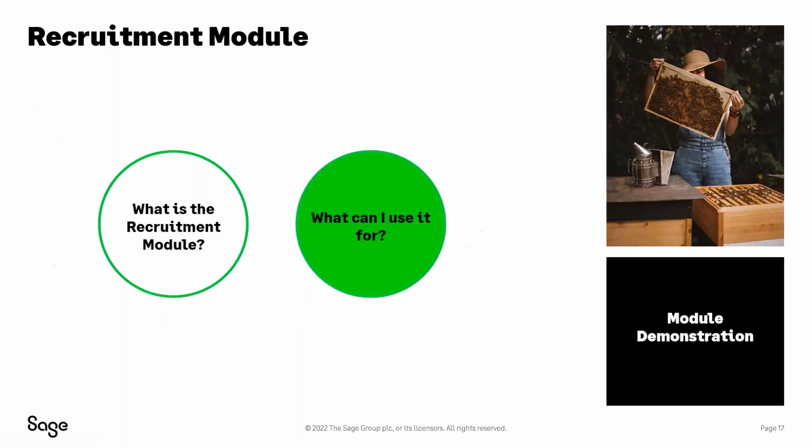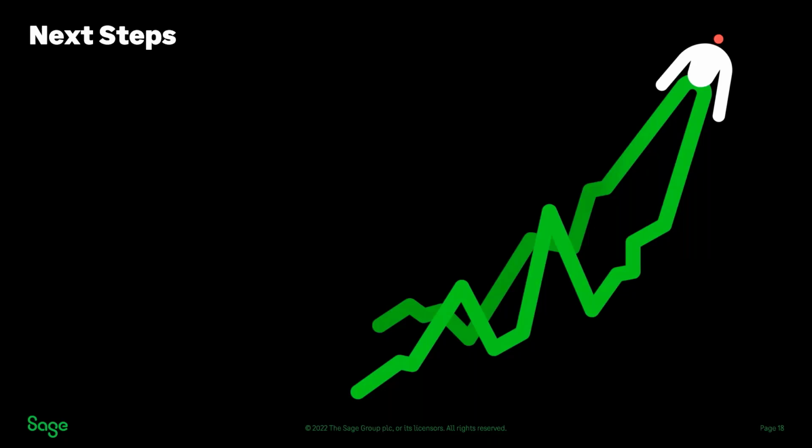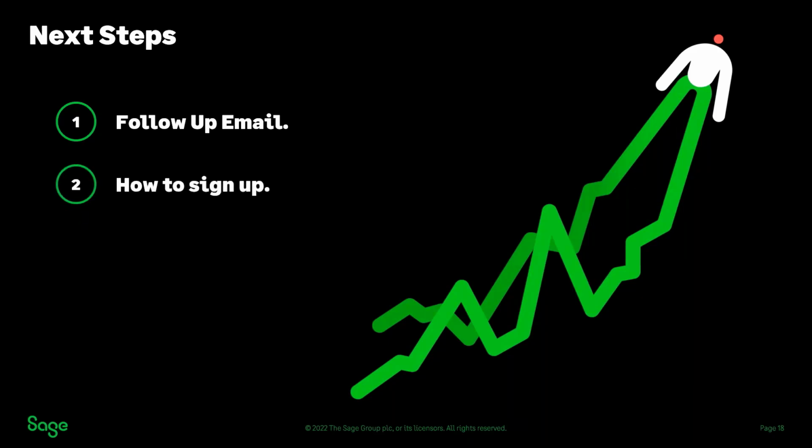If we just snip back to the slides, what are the next steps? So you'll soon receive a follow-up email automatically with an attached recording of the demonstration. So feel free to watch it back as many times as you need. You'll also receive a further email advising how to sign up to Sage HR. And in addition, our customer success managers will normally be in touch within the next 48 hours or so to see if you need any further support.